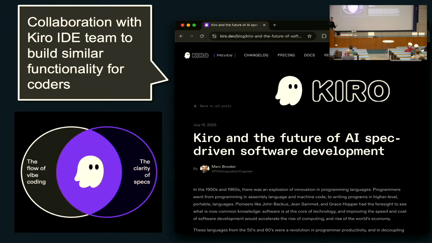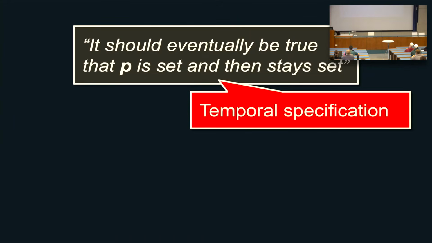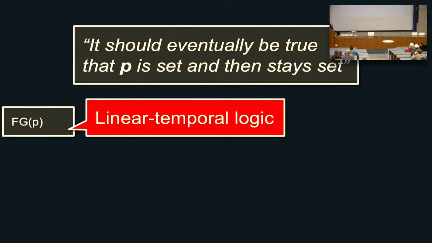So it's not escaped our notice that we could do that kind of work. And so here, for example, maybe you say in natural language, it should eventually be true that P is set, where P is some variable, and then stays set, right? So this is a temporal specification. And here, for example, is a linear temporal logic encoding of that property.